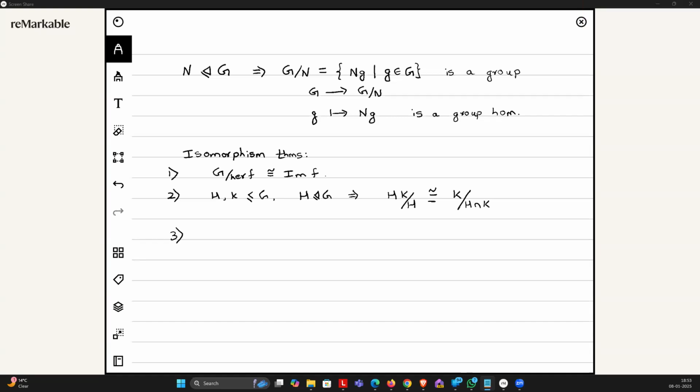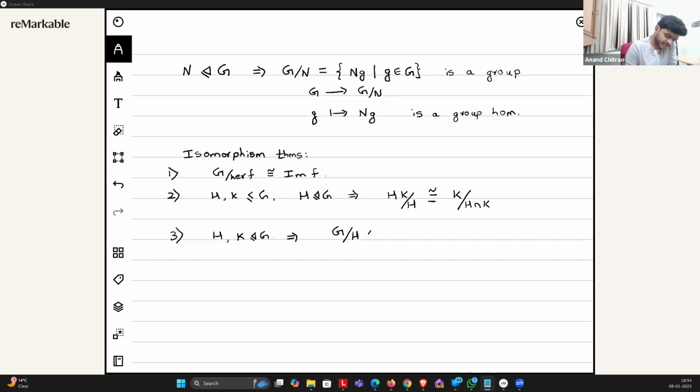H and K are normal subgroups. Then G mod H divided by K mod H is isomorphic to G mod K. Okay? So everybody knows what these isomorphism theorems are, right?